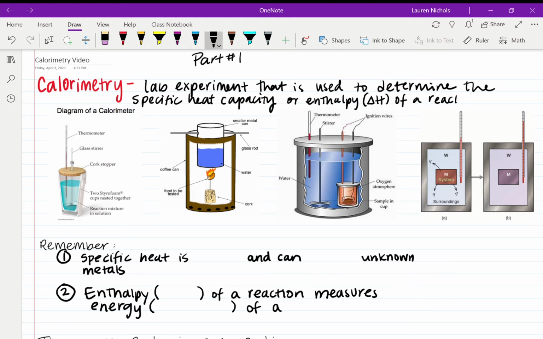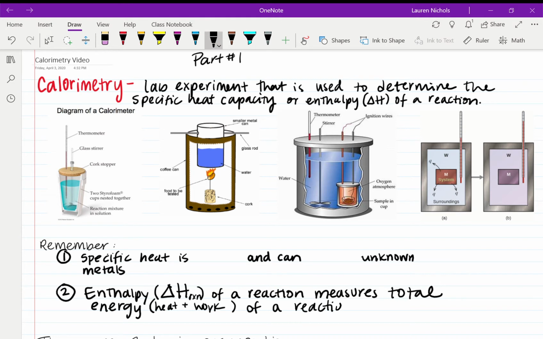And enthalpy, delta H of our reaction, actually measures the total amount of energy, so heat plus work, of a reaction.